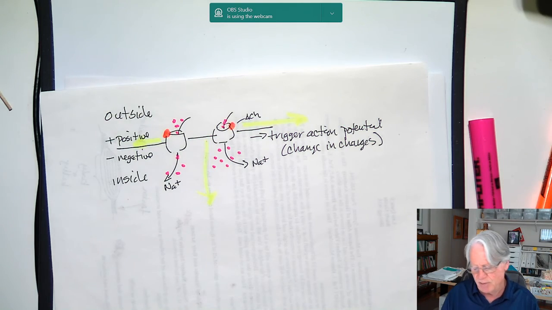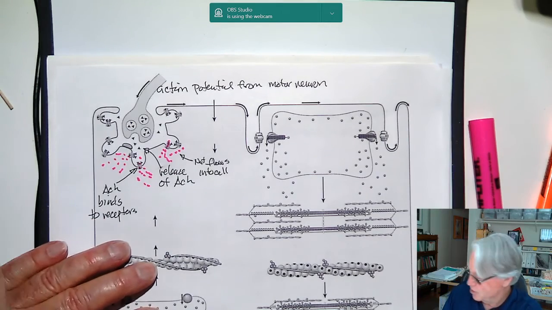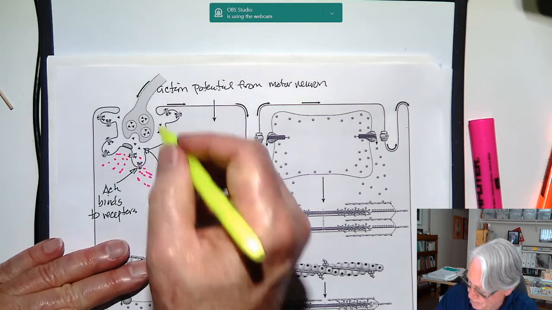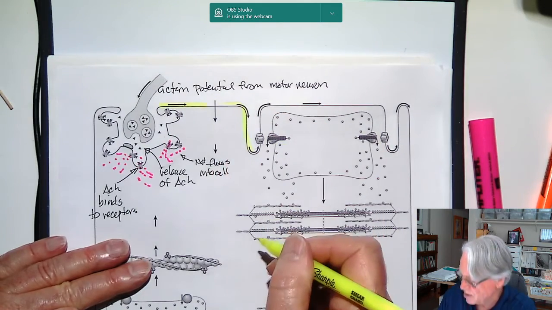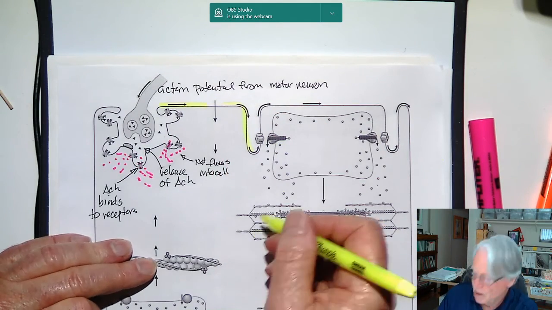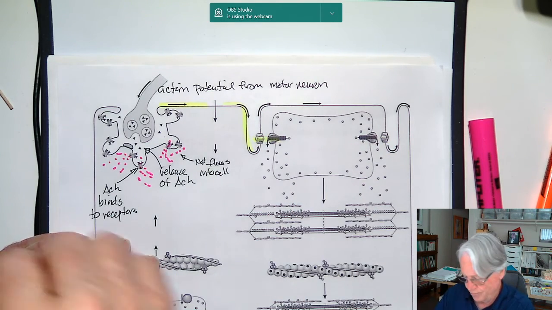So now, coming back to our image, we're going to generate an action potential. That action potential will travel down the T-tubule and be transferred to the sarcoplasmic reticulum.